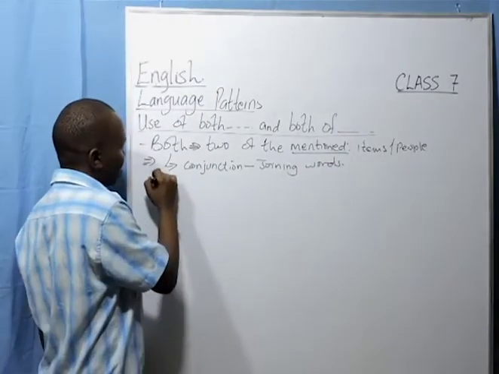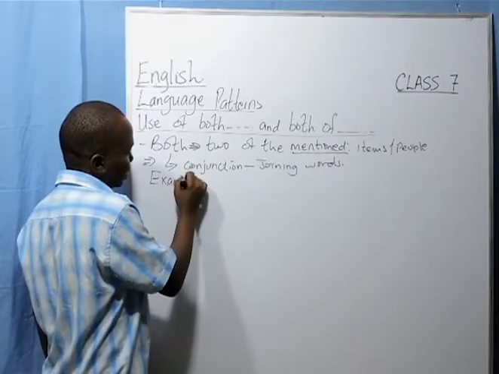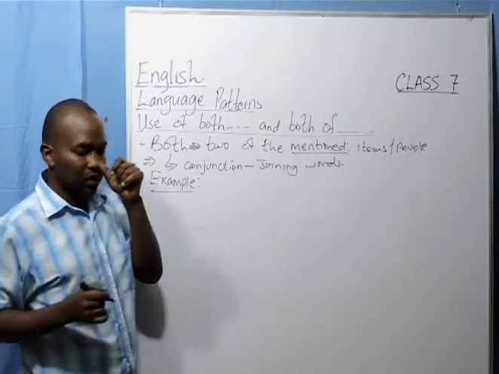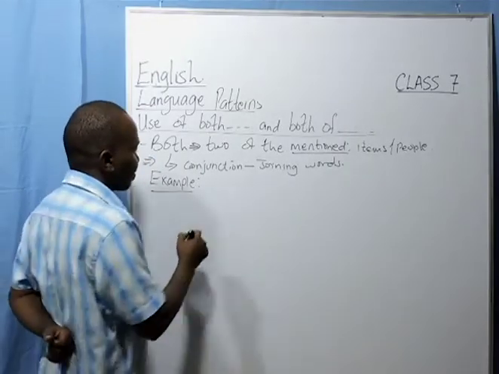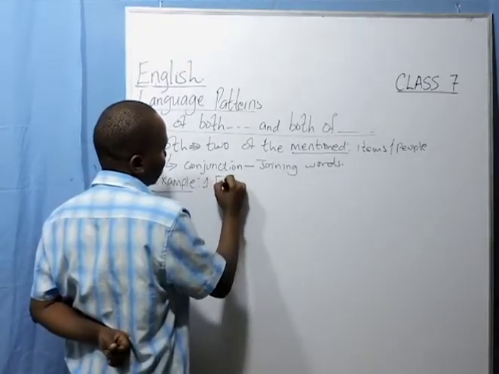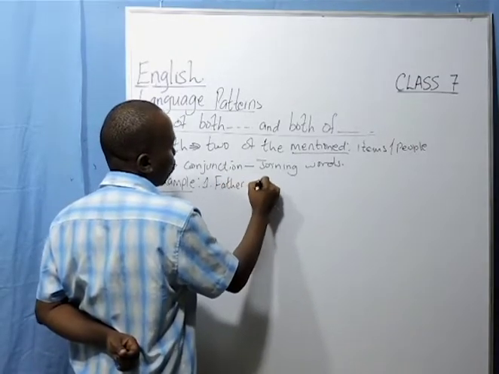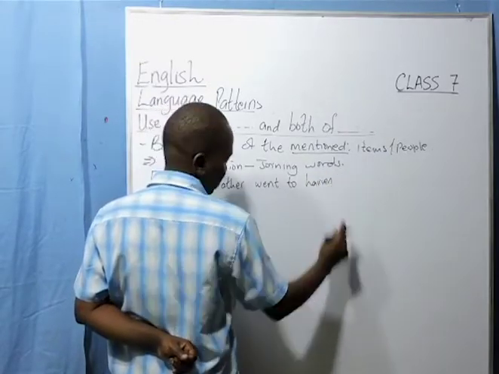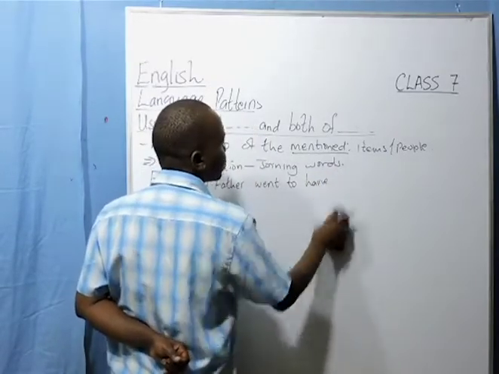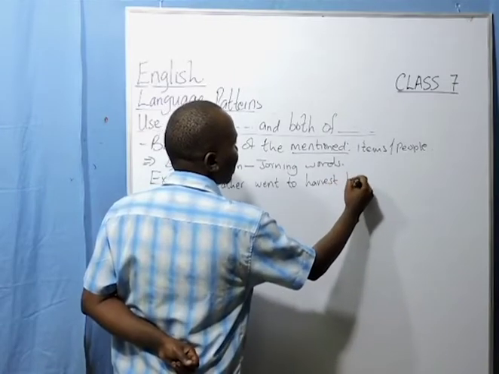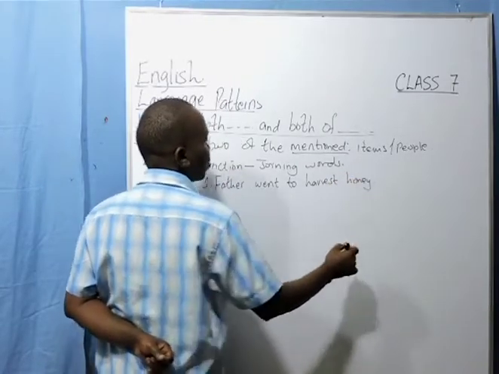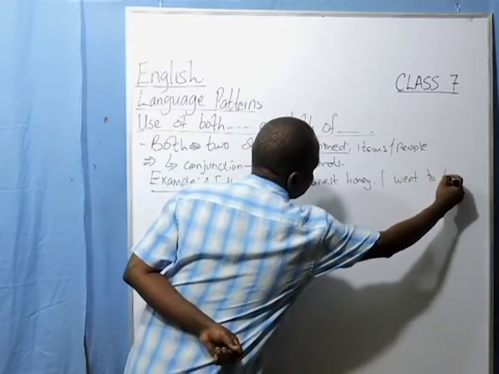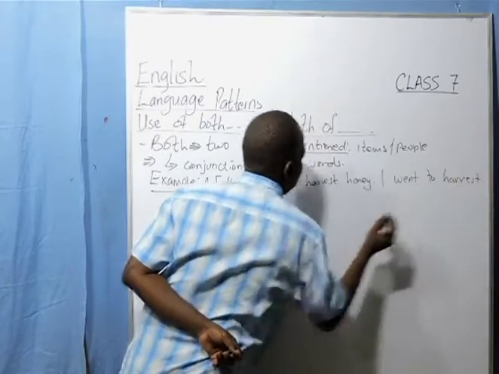For example, we may have two sentences here. Let's look at the board. Two sentences. One will say, Father went to harvest honey. Also you say, I went to harvest honey.